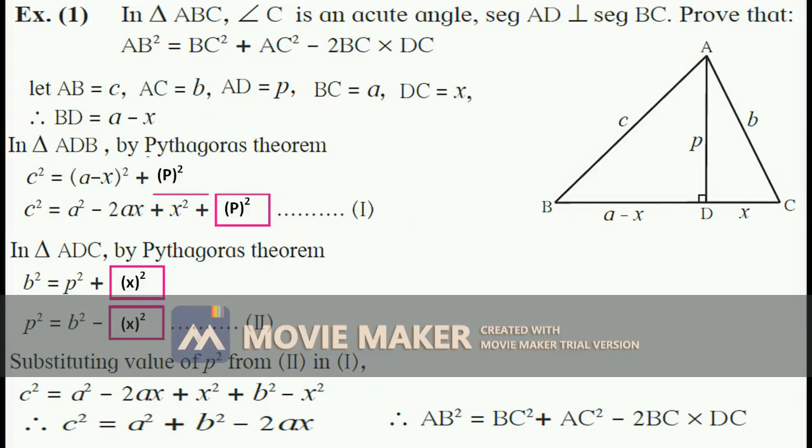We can write the equation AB square equals BC square plus AC square minus 2BC into DC. What we had to prove, we get it. Therefore, the first problem is solved. When our angle is an acute angle, then the sides will be AB square equals BC square plus AC square minus 2BC into DC.